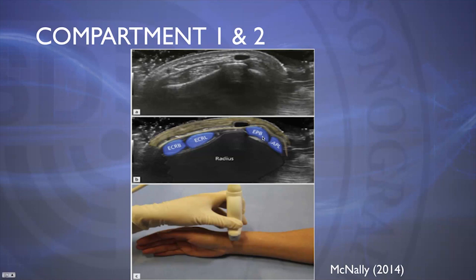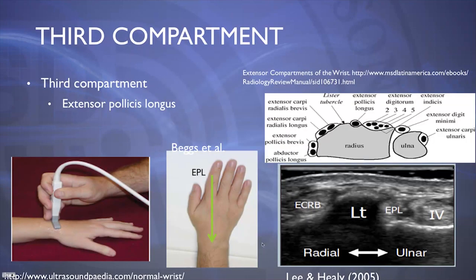Moving on now to the third compartment. So remember when we said that Lister's tubercle is going to be on the radius, this divides the compartment 2, which is the ECRB, from the EPL, or the extensor pollicis longus. Lister's tubercle helps divide compartment 2 from compartment 3, but it's also a very invaluable landmark when you're trying to assess where you're at in the dorsal compartments.